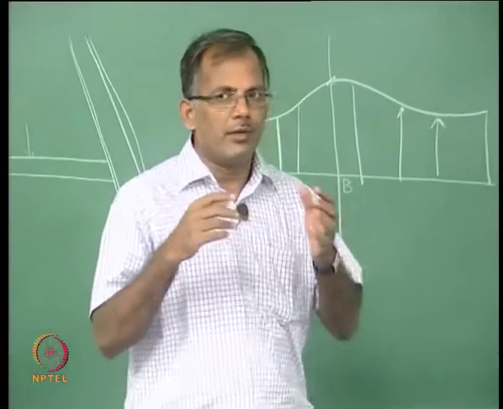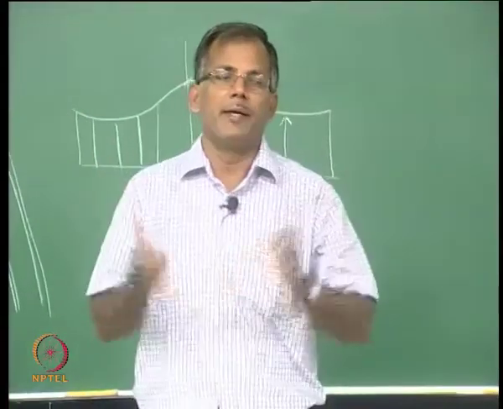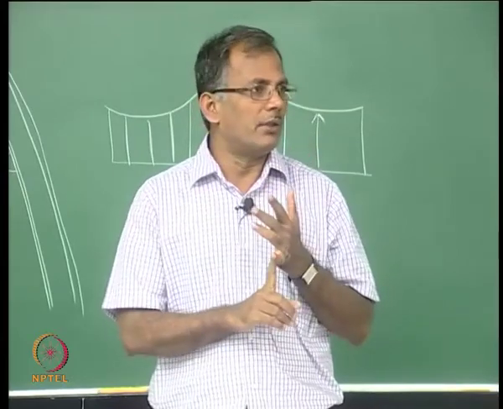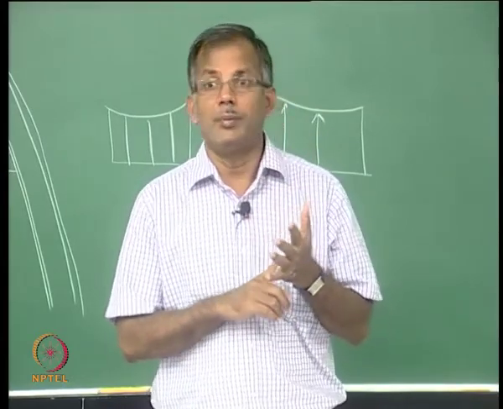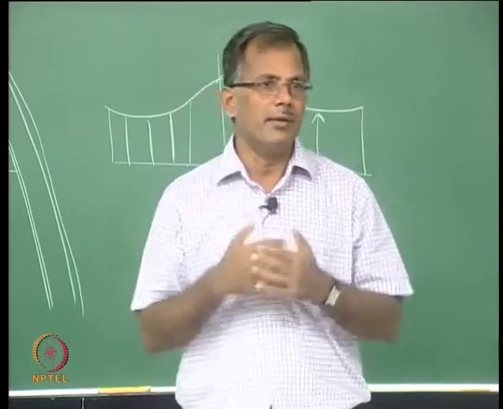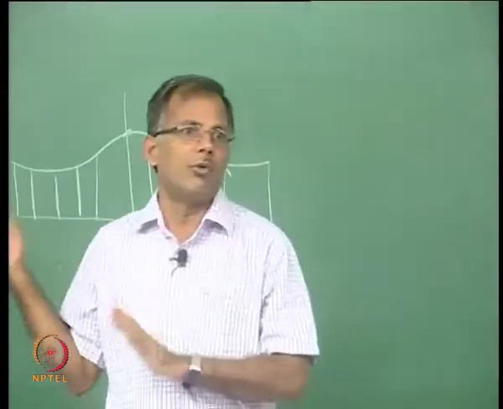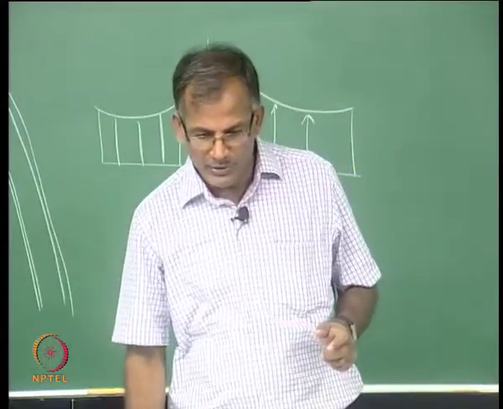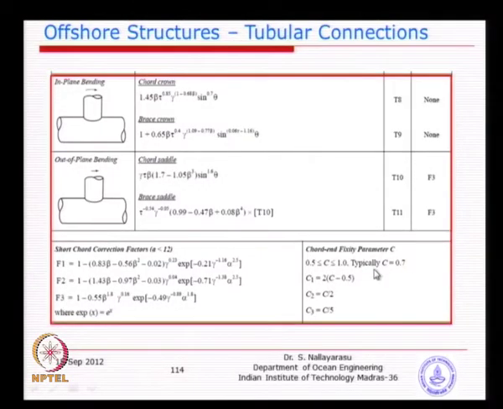So, most of the time the tubular to tubular end connections we can neither consider as 100% fixity nor 100% simply supported, it will be in between. You may rotate, but it may not allow full rotation. That is why this partial fixity. So, these parameters need to be calculated according to the recommendation. So, 0.7 means typically it is about 70% fixed.